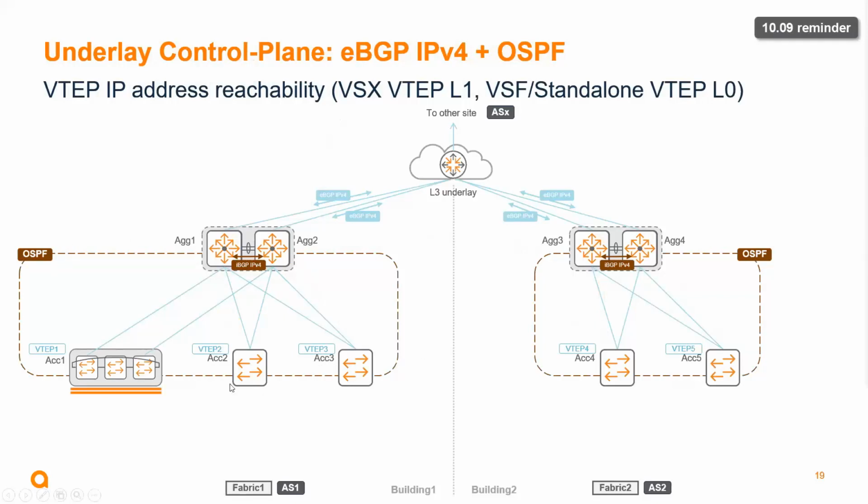There is an OSPF process with an area to take care of internal intra-fabric exchange of loopback addresses. And we do OSPF to BGP redistribution and BGP to OSPF cross redistribution to exchange the routes that are learned from outside of the fabric. So we have an external BGP IPv4 session. This has already been addressed in 10.09, so this is just a reminder.